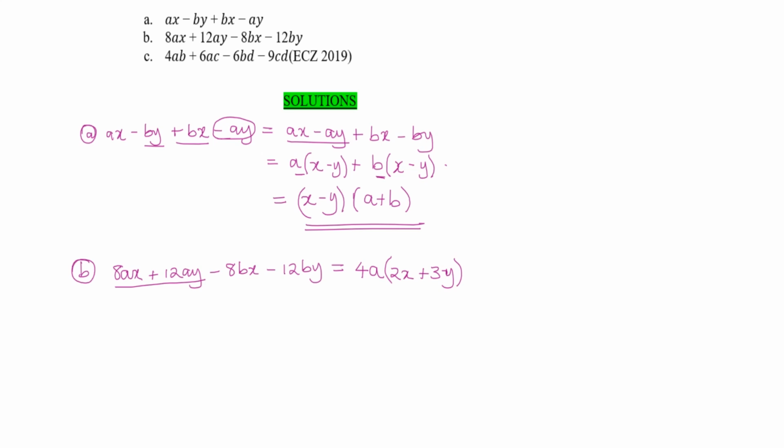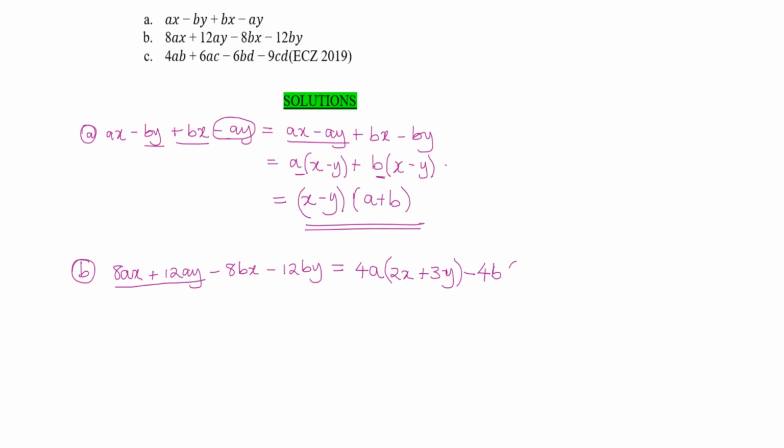Then here we'll consider the symbol to be a common symbol, so we'll use a minus there because there is minus 8 here, minus 12. Between 8 and 12, we said it's 4. Then between bx and by, it's just b.